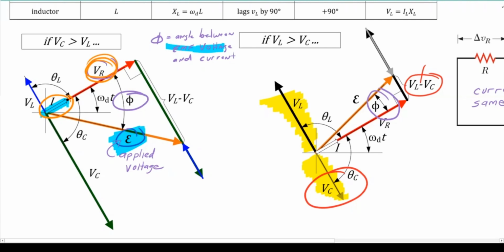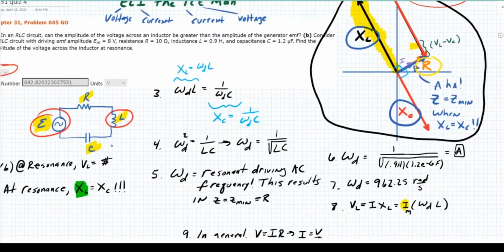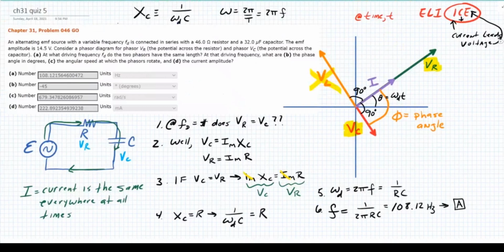All right, so now we have our answer to this problem right here. Okay, what is the phase angle? Let me just say that one more time because I'm talking about part B. What is the phase angle between the circuit current right here and the, I guess I have to add this in.